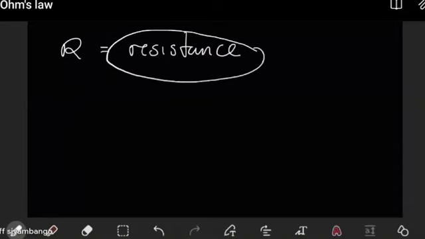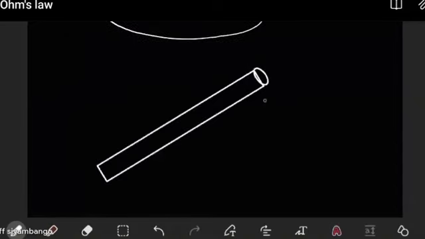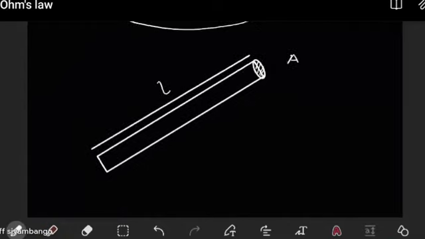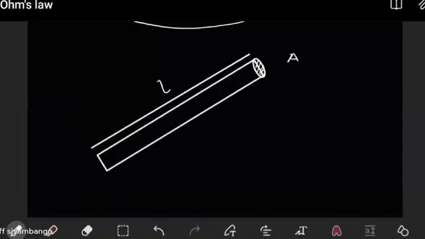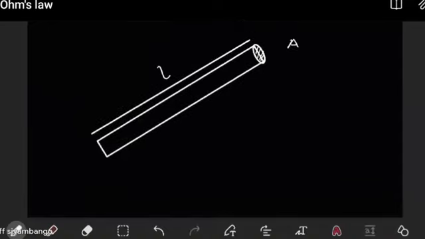This wire or conductor will have some form of thickness, and that thickness will correspond to some cross-sectional area A. And the length of the wire can be taken as L. Now, depending on the material that we're dealing with, whether it's copper, aluminum, iron, and so on, it has some form of resistivity, some hardness to the flow of current.